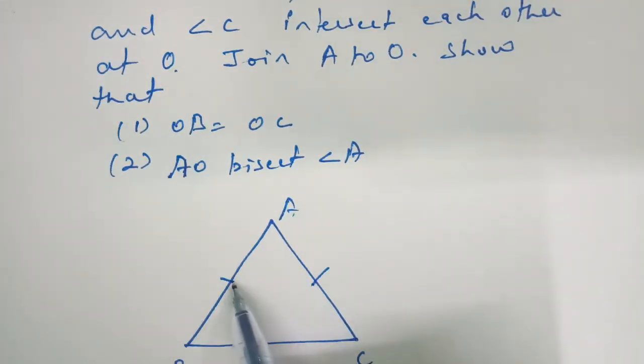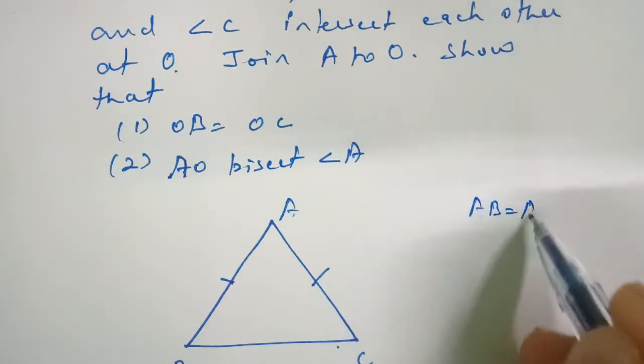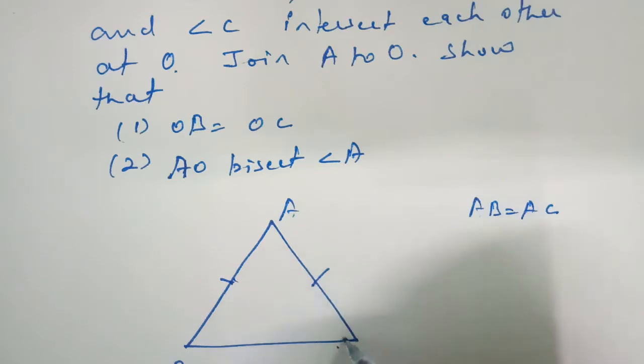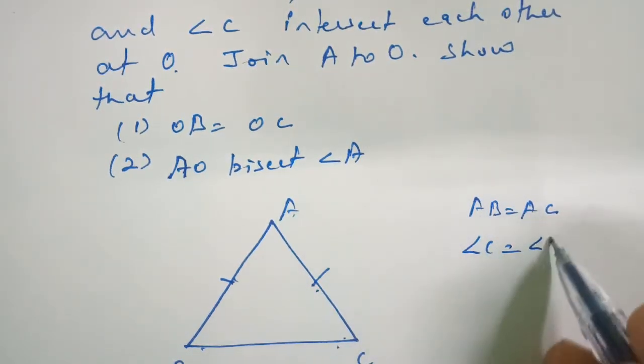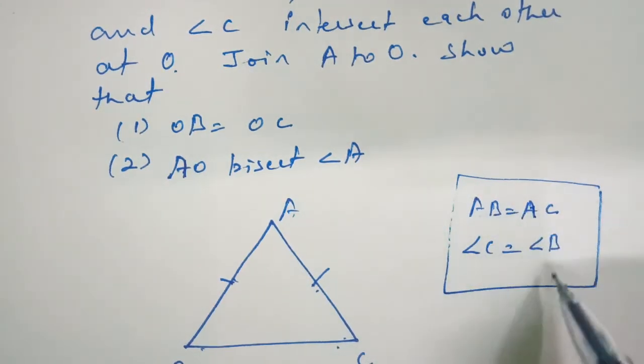On the basis of the property that we have just learned, the angles opposite to these two sides will also be equal. It means, we are writing in the rough, here it is given AB is equal to AC. It means the angle opposite to AB we have angle C and opposite to AC we have angle B. So we can say angle C is equal to angle B.